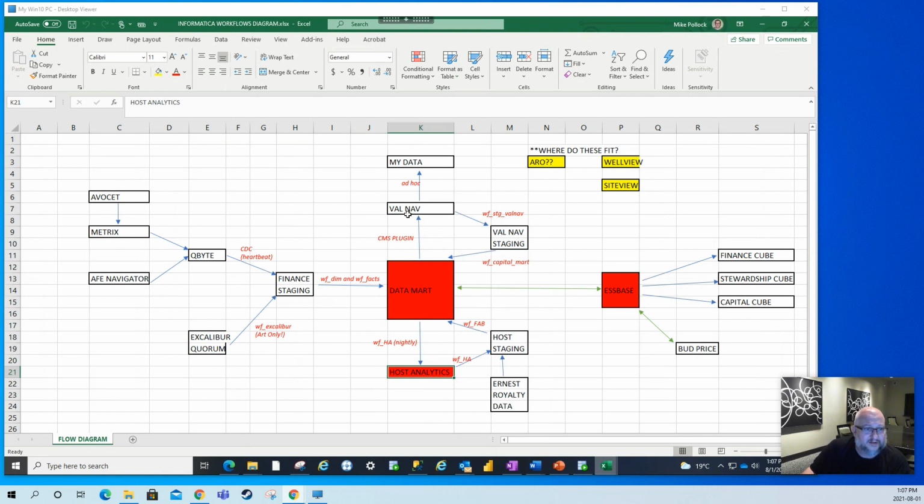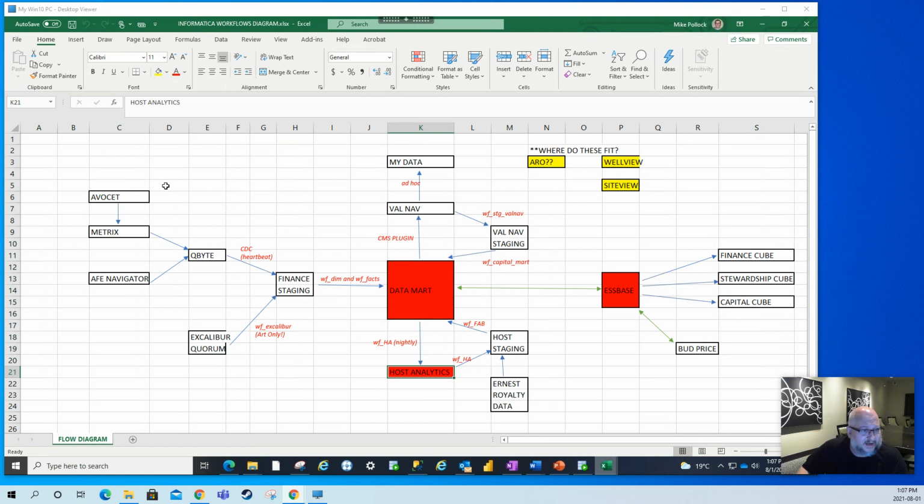We had a loop here where Value Navigator data, which is land and engineering planning, long-range planning information, comes from. We also had Host Analytics, an external site that creates a lot of reports for data analytics, as well as some ad hoc information related to royalty data.